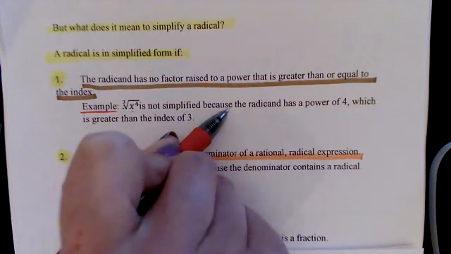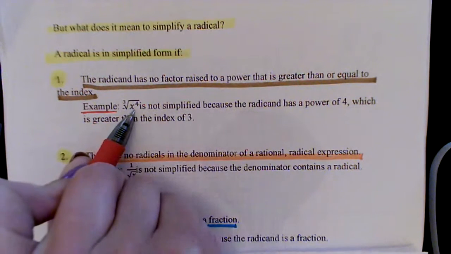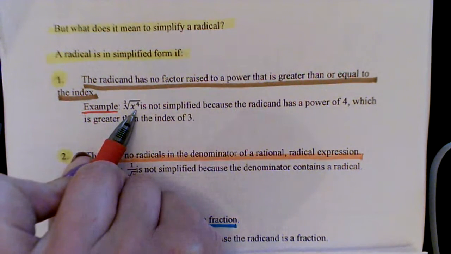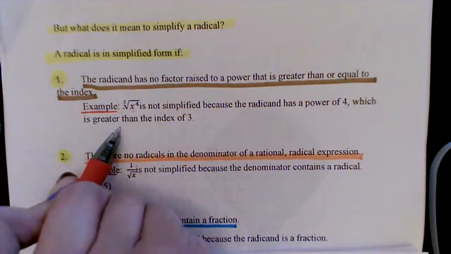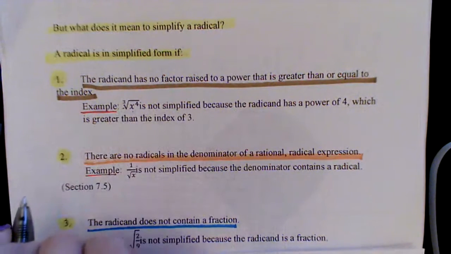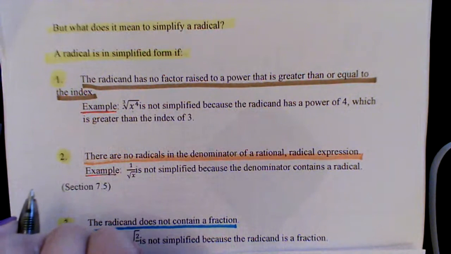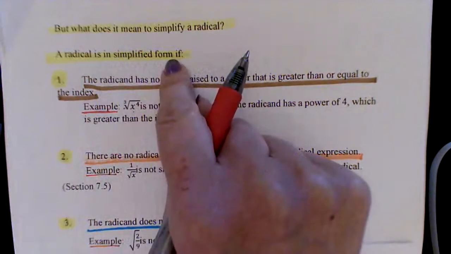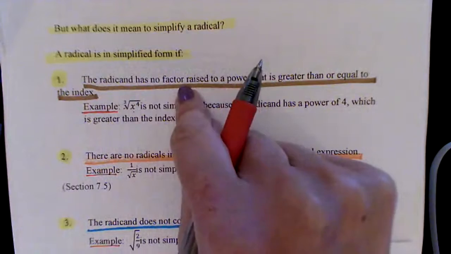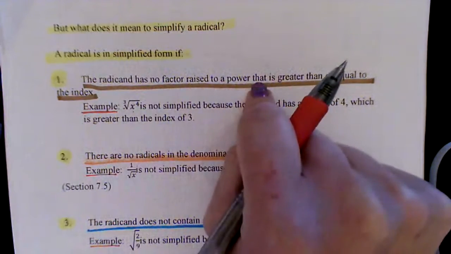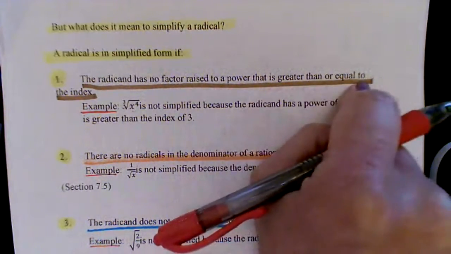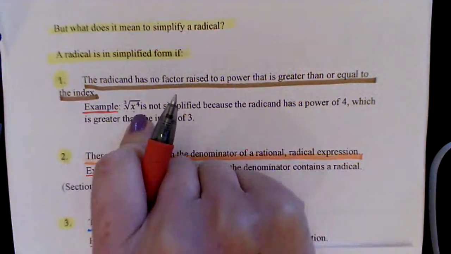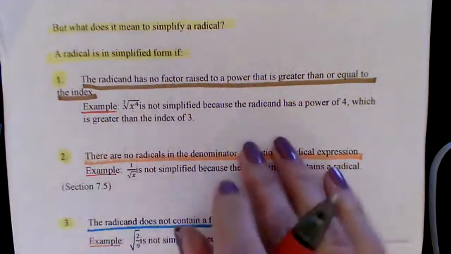It's not simplified because the radical right here has a power of 4, which is greater than 3, than the index. So a radical is in simplified form if the radical has no factor raised to a power that is greater than or equal to the index.